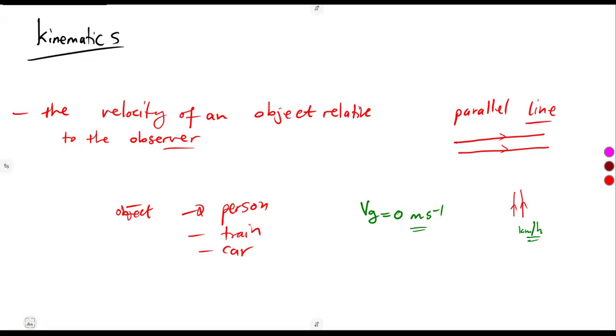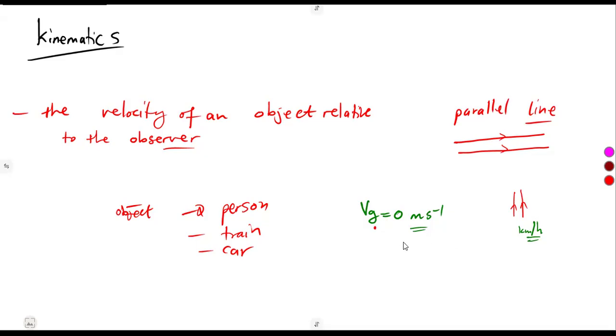Okay, so we want to consider this now. We might be given one point that we are referring to, and that point is the ground. That is our reference point. So we can have velocity of an object A relative to the ground.